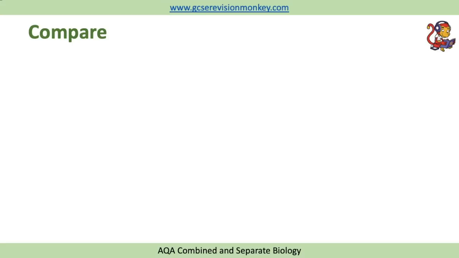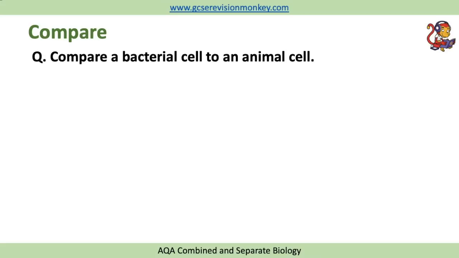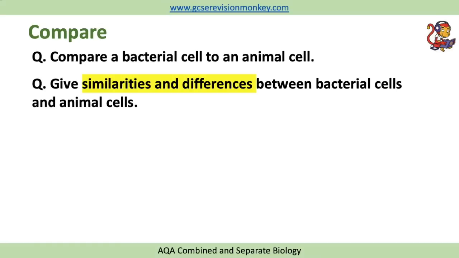Compare questions, again, they just write compare, but they don't tell you what to do. So you need to remember, if you see a compare question, for example, compare a bacterial cell to an animal cell, what it really wants you to do is give similarities and differences between bacterial cells and animal cells.